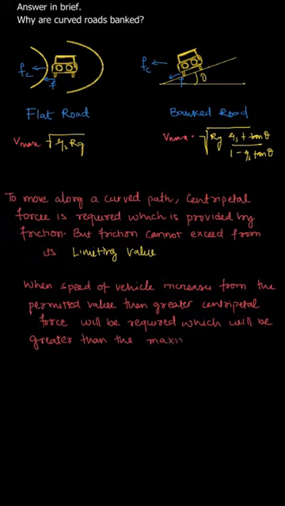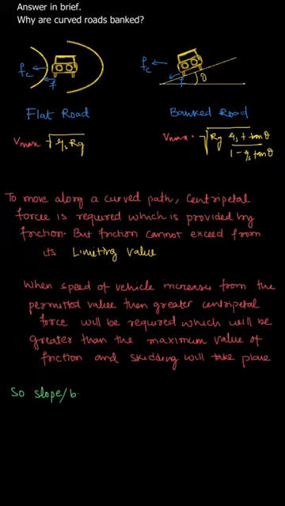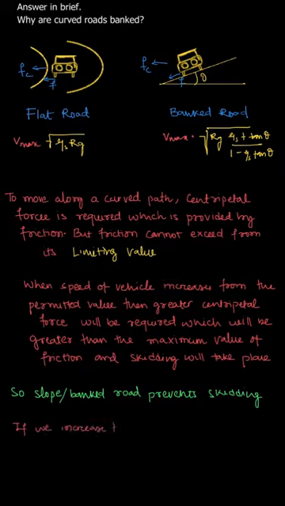Since it is provided by friction, which is limited, we cannot provide a greater centripetal force. So if we increase our velocity, skidding will take place because the friction will not be able to provide the centripetal force.